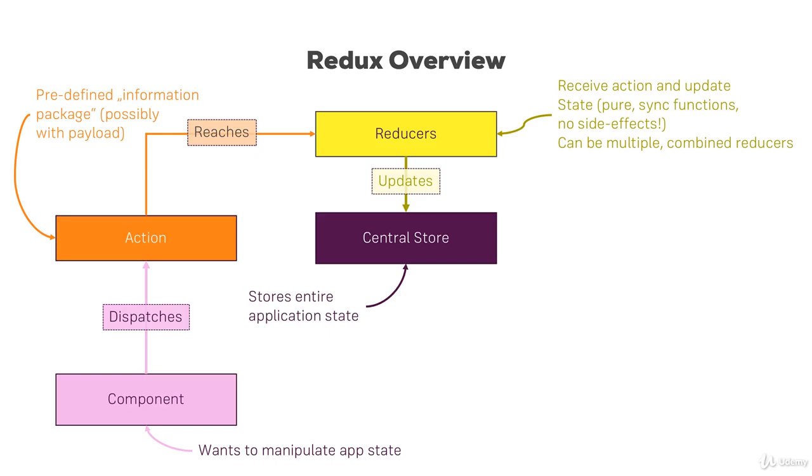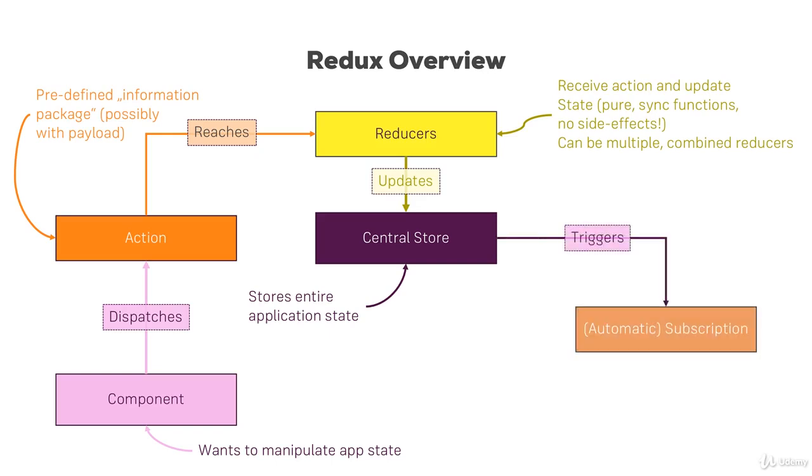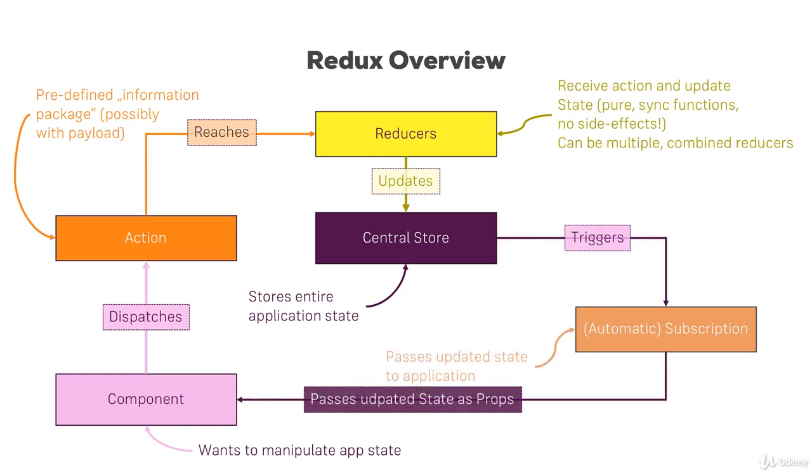Whenever the central store updates, it triggers some automatic subscriptions. And that's where you can close the circle. Your component can connect or can subscribe to your store, can hook into these automatic subscriptions, so to say, and it will then receive the update. That's the idea of Redux.